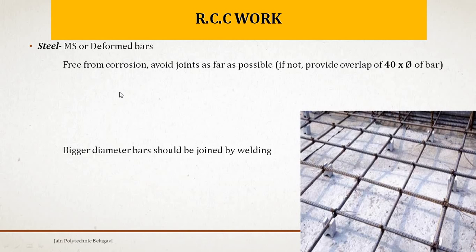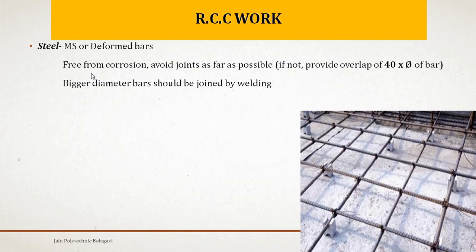Then these steel bars should be free from corrosion. Avoid joints in the bars as far as possible. When joints have to be made, an overlap of 40 times the diameter of the bar should be provided.